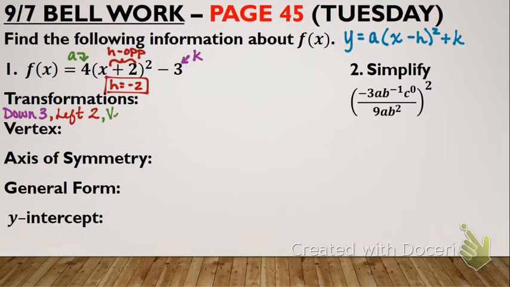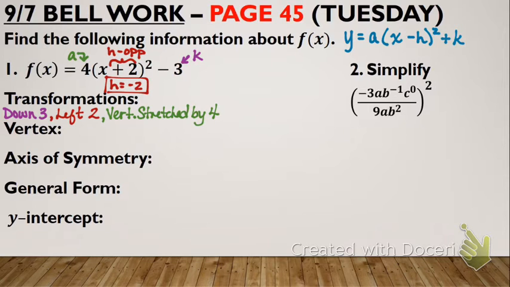So this is vertically stretched by 4. Does it reflect over the x-axis at all? Correct. If our A is a negative number, that's what would make it point down, open down. This one is not a negative A.